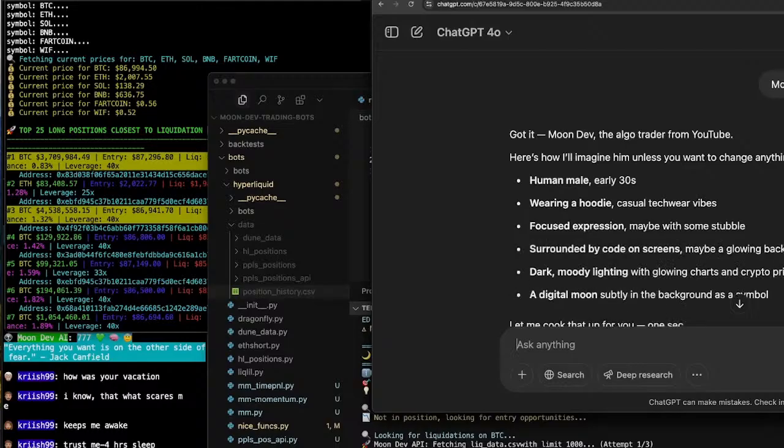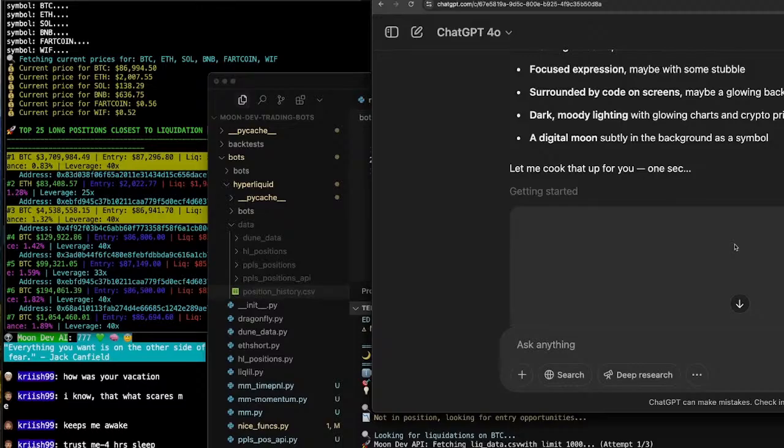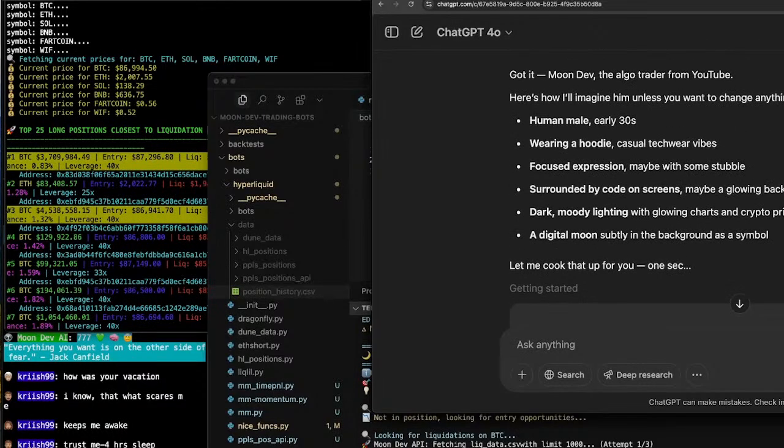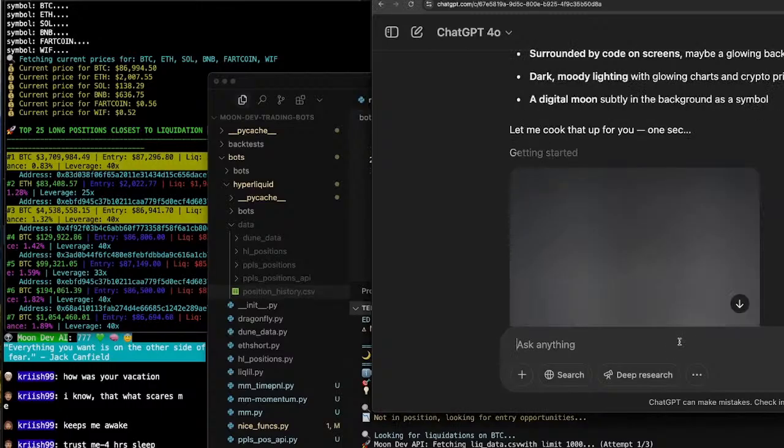Maybe with some stubble, surrounded by code or screens, dark, moody lighting. What? Hey, anybody know what that cool little thing is? Gibify? I just got back. I was on a plane. Gibify this image here.